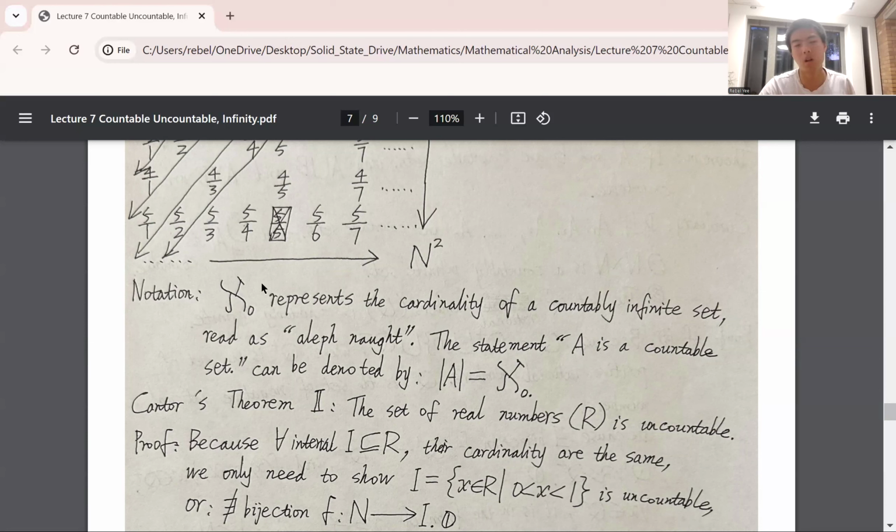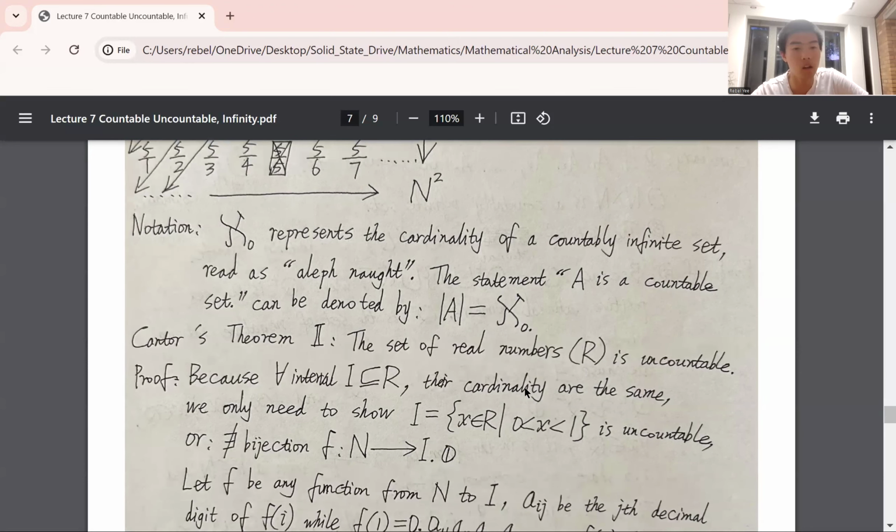I don't know how to write this character; it's called Aleph-null. I don't know how to write it by hand, I just saw it in some textbook. It probably looks like that. So the statement that A is a countable set, or A is countably infinite, we can just denote by that.